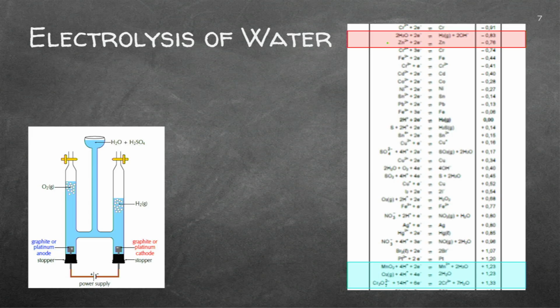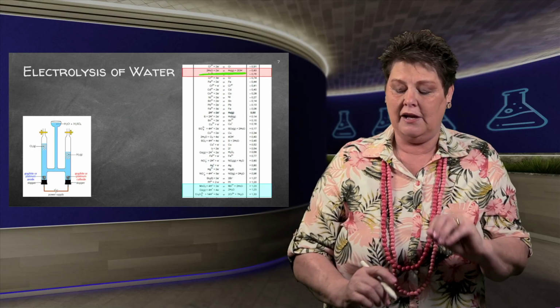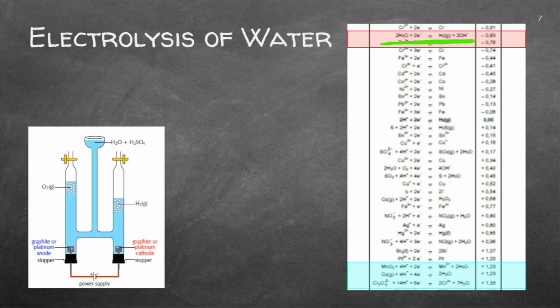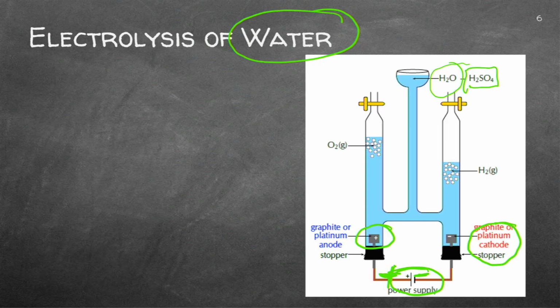Please have a look at your table. It's quite important for you to see that you've got two water reactions on there. At the top, you'll find 2 H2O plus 2 electrons forming H2 plus 2 OH-. I'm going to write that down here.